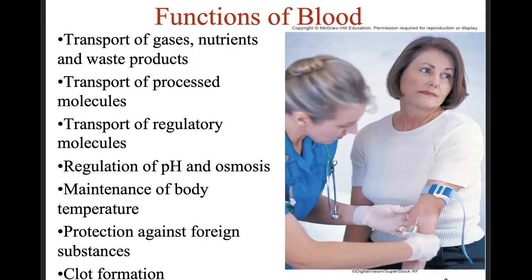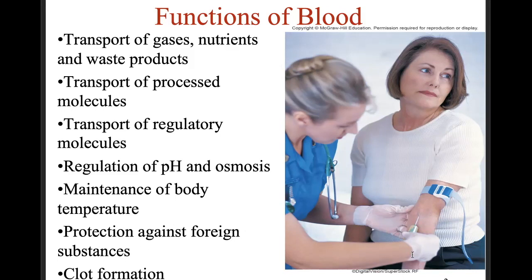The next one is protection against foreign substances. There are cells and chemicals in the blood that are crucial for our immunity, which we're going to learn later on. And the last one is clot formation.